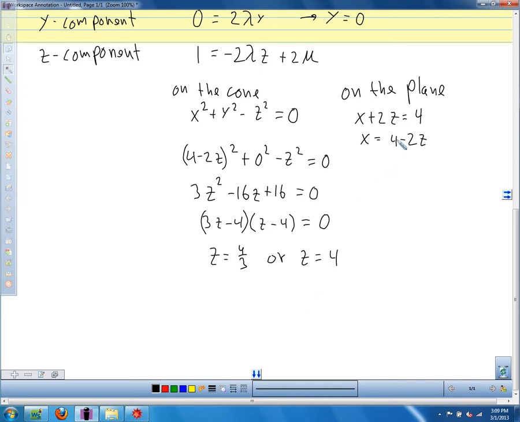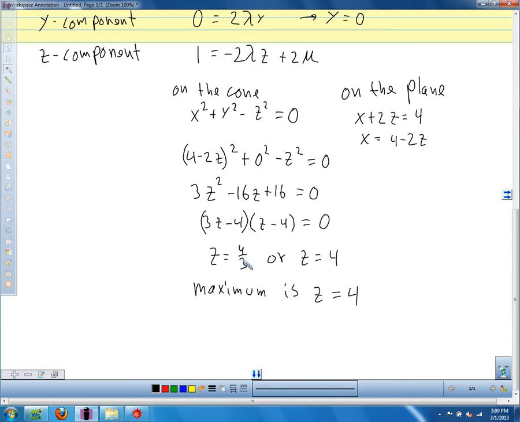The reason I chose to solve for x here is, one, it's easier, and two, we're trying to maximize z. So rather than eliminating z and finding x and then having to substitute, we find z, then we're done. Well, the maximum here is z equals 4. So that's our maximum height.